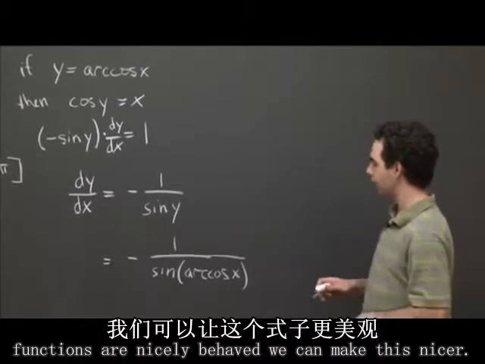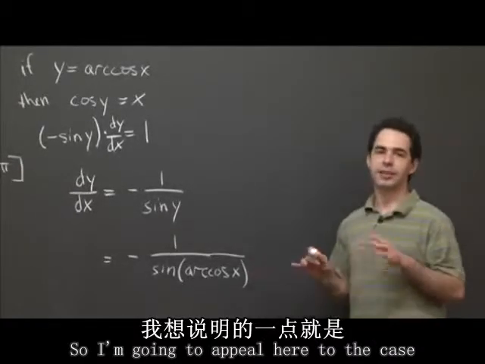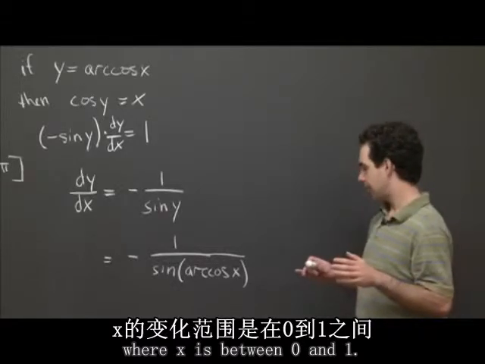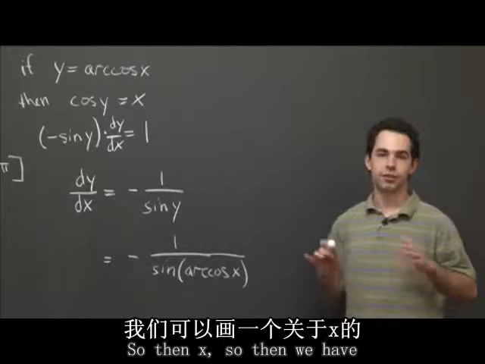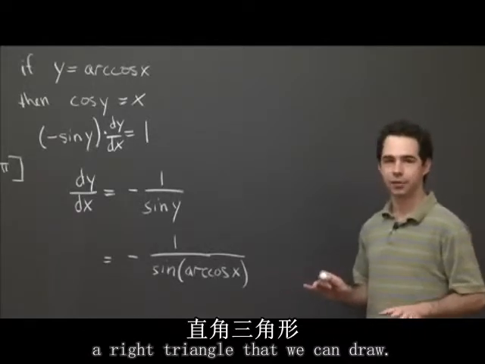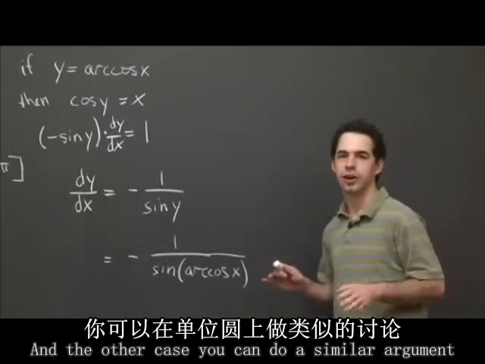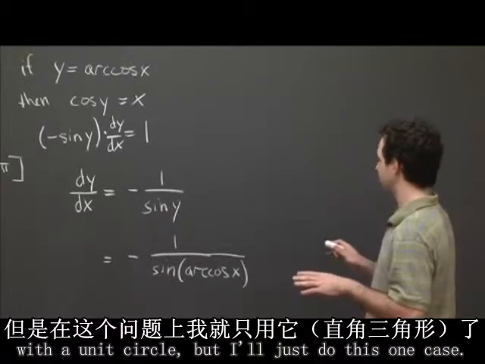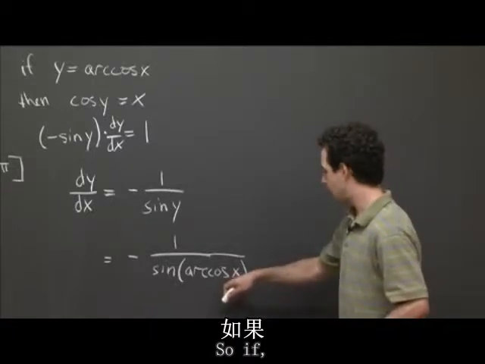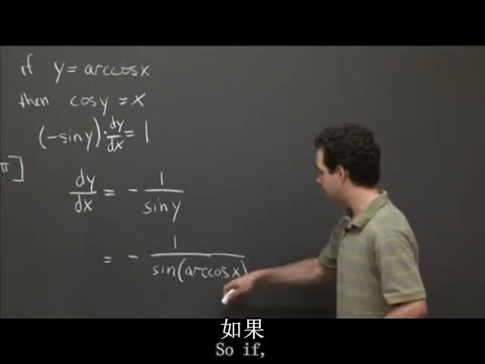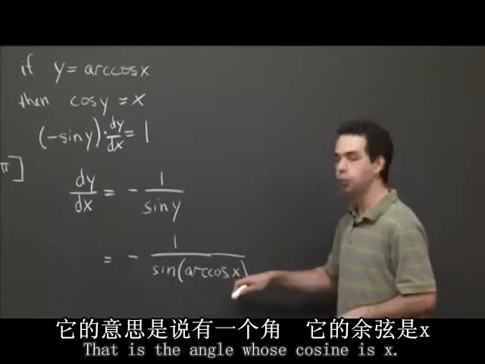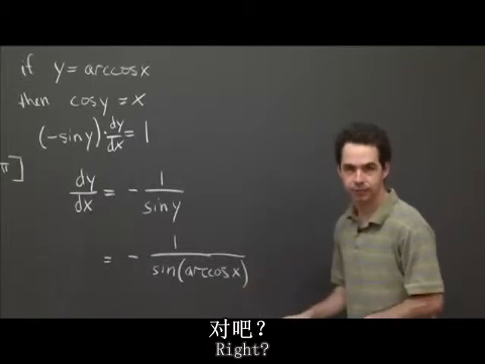So I'm going to appeal here to the case where x is between 0 and 1. Then we have a right triangle that we can draw. In the other case, you can do a similar argument with the unit circle, but I'll just do this one case. So arc cosine of x, what does that mean? That is the angle whose cosine is x, right?